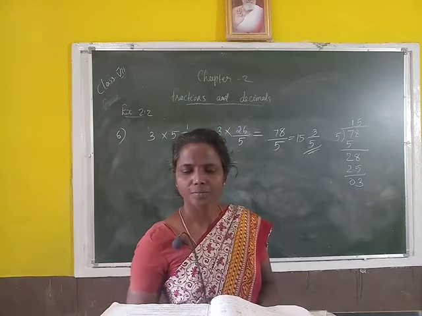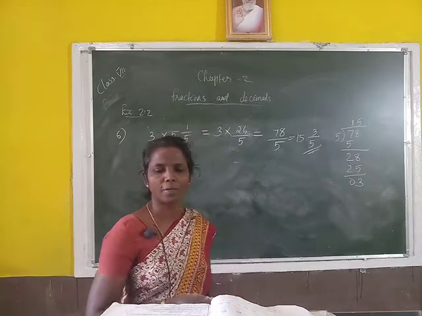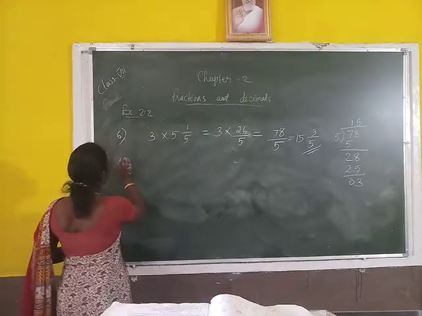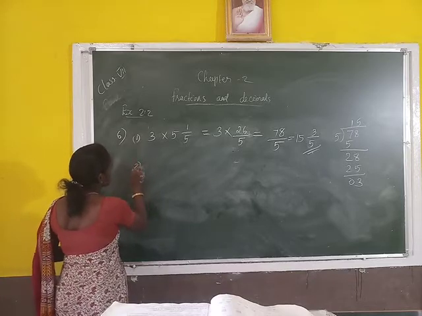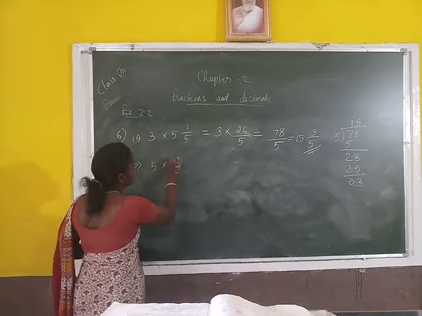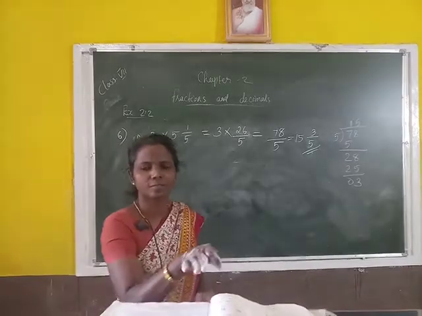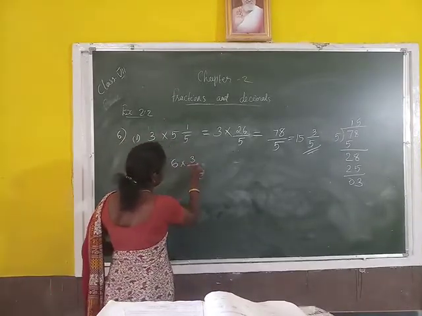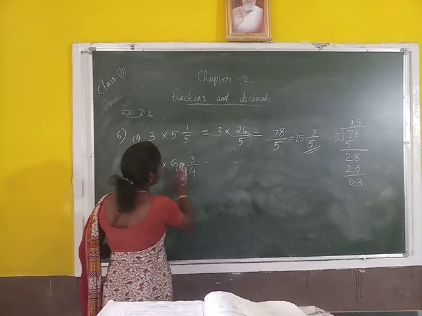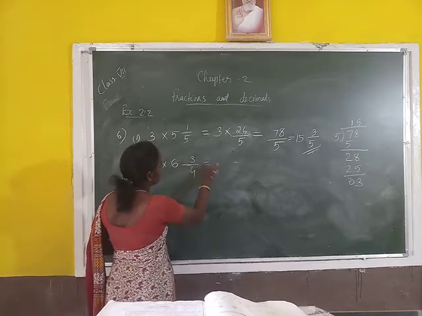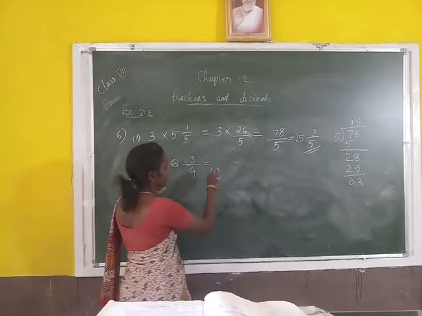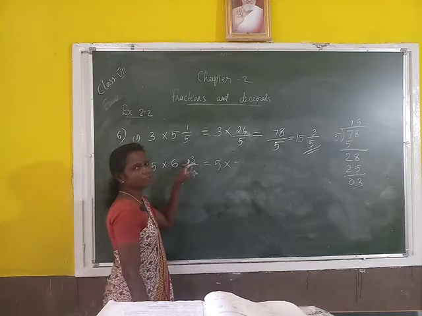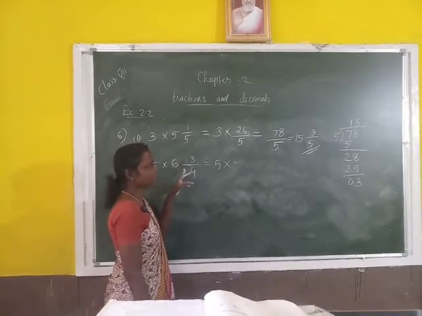Look, second question, 5 multiply 6 3 by 4. Now you look, this 5 is a whole number and this 6 3 by 4, look, this is a mixed fraction.